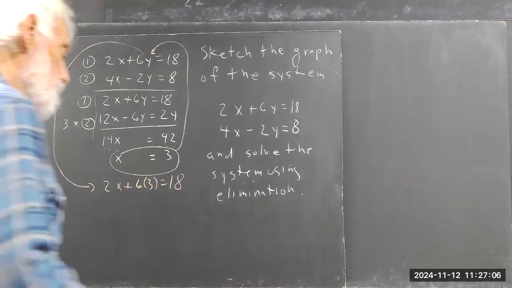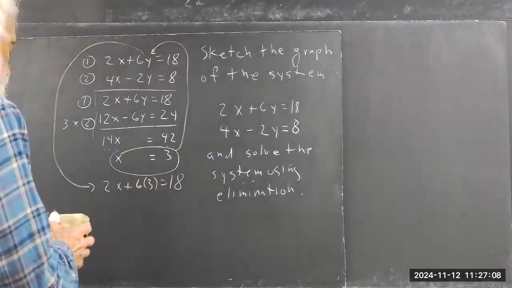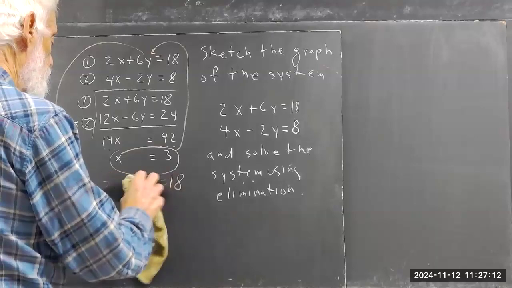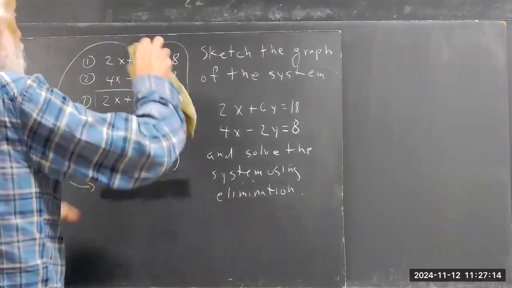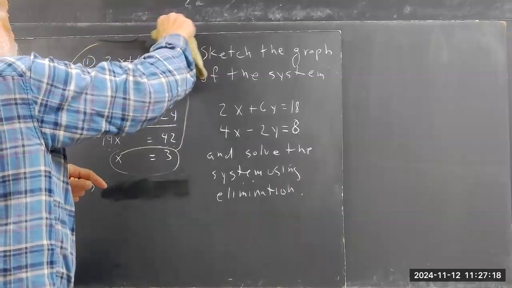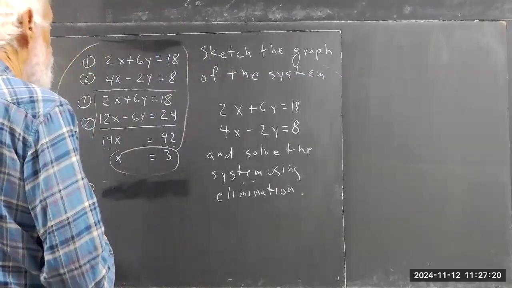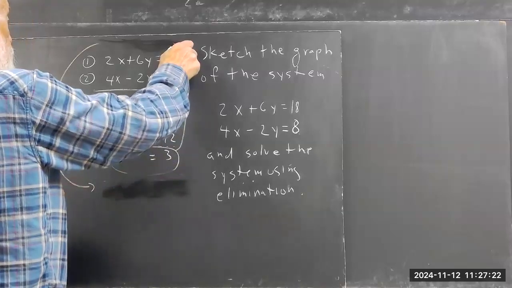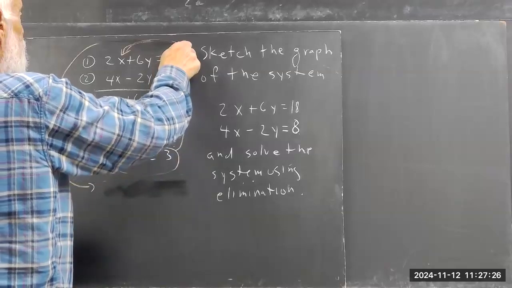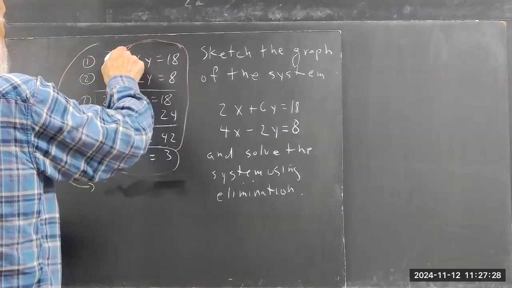And that was x, it wasn't y. So what I just said is a complete fabrication. I put my arrow in the wrong place. It's y into which we're going to substitute 3, I mean x.